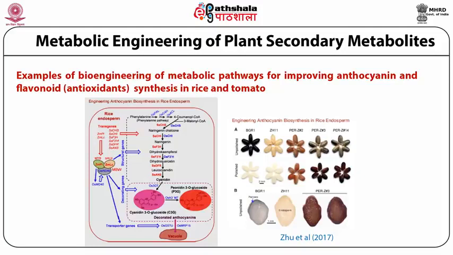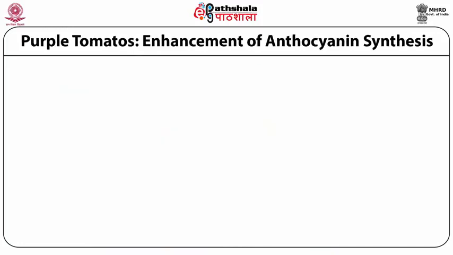That is due to anthocyanin. I will not describe the details of this, but it's sufficient to understand that rice and other cereals can be fortified with useful antioxidants like anthocyanin.